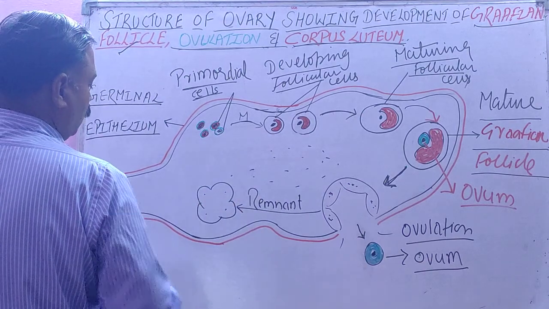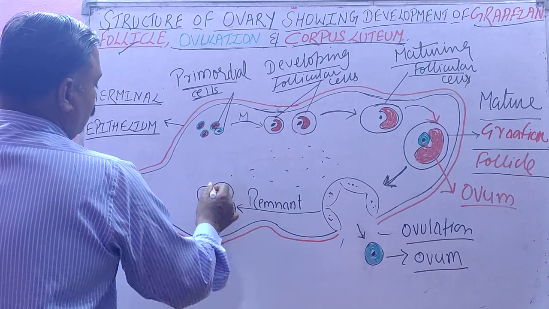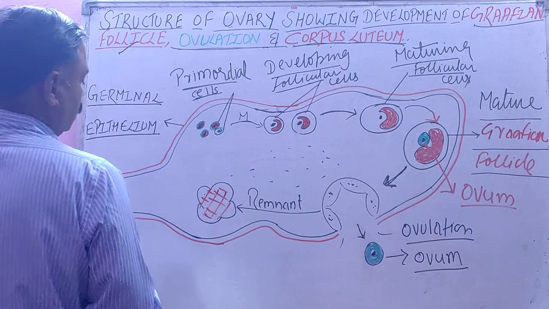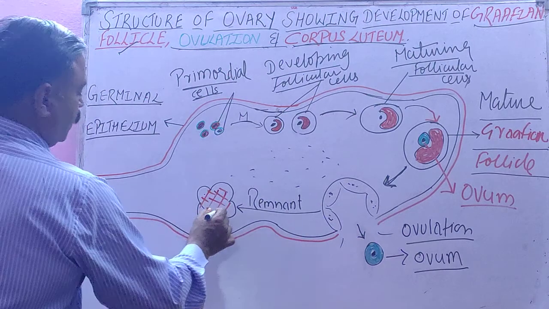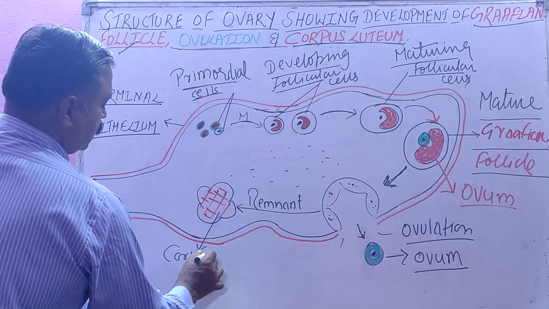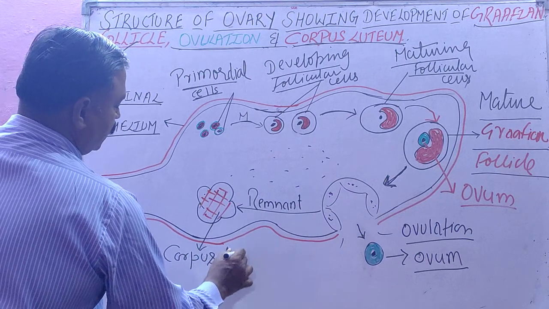Corpus means body, and luteum means yellow, so it is the yellow body, that is corpus luteum.